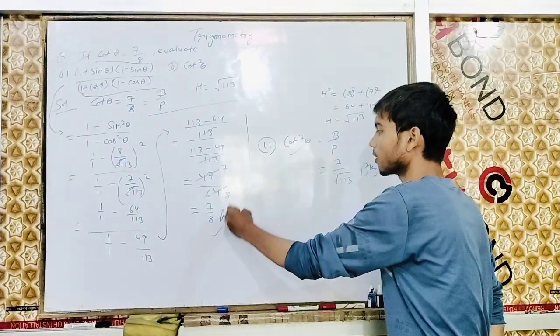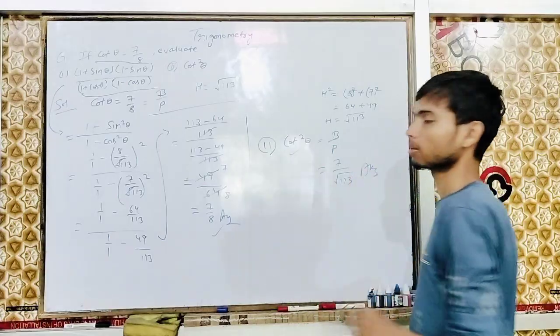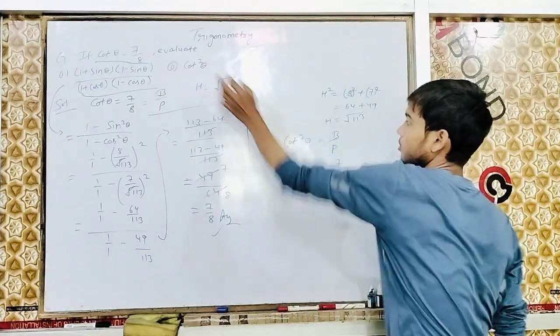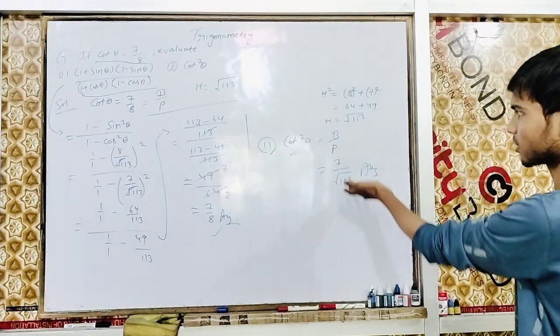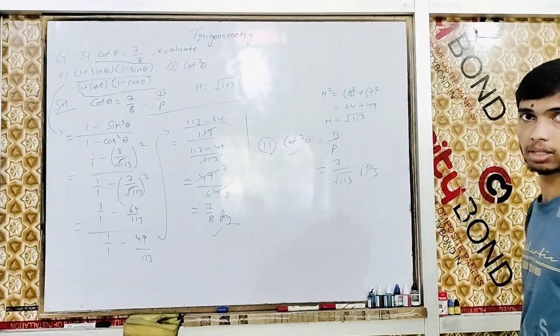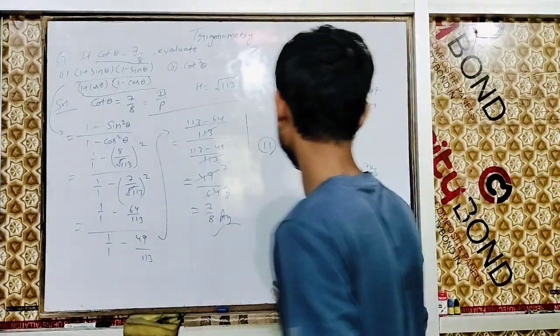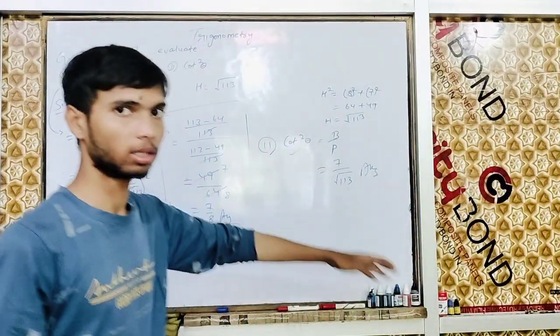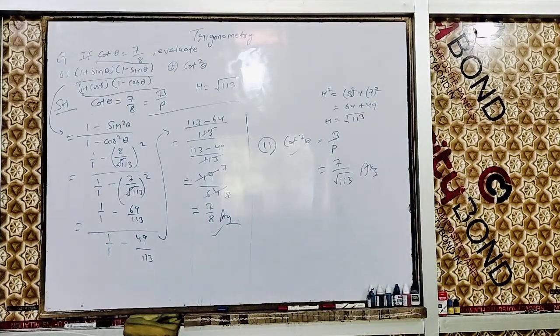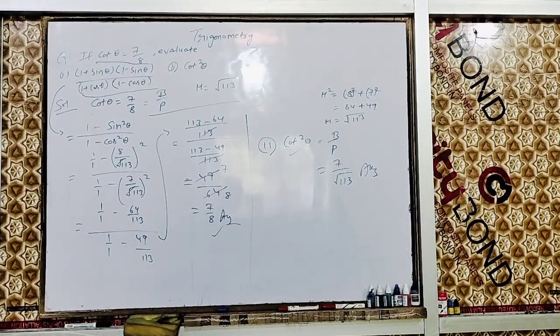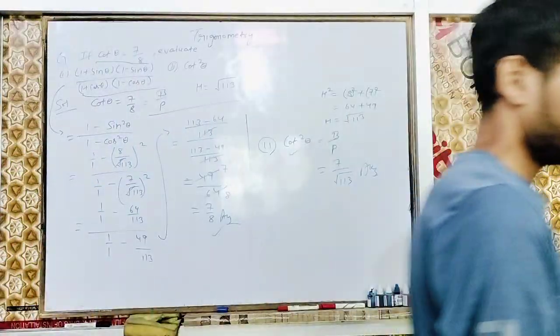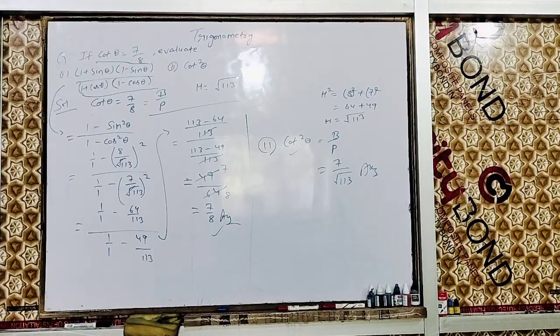Then this is done. After it's done, we came to this question, which was very easy. We just put the value of B and the value of P, then it came as the output. Did you understand? Now let me move to the next question.